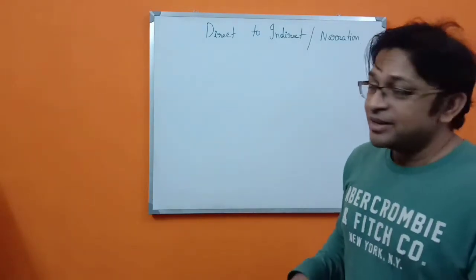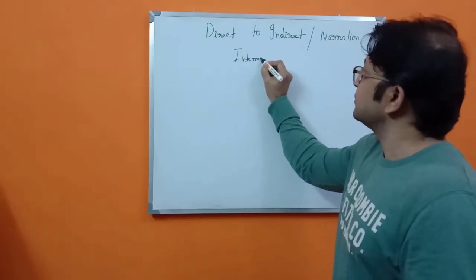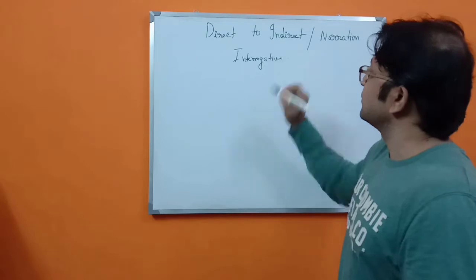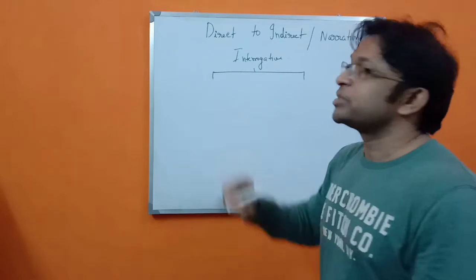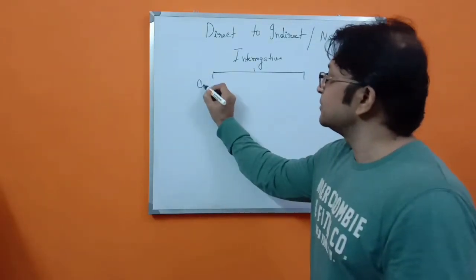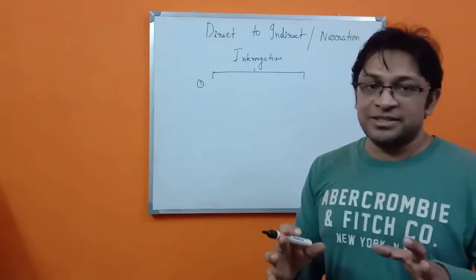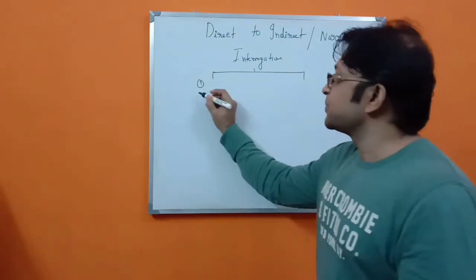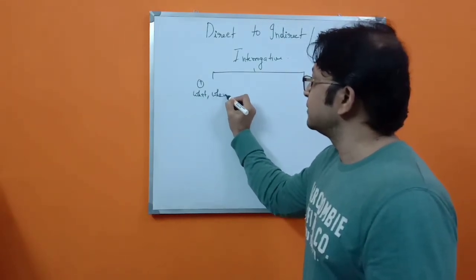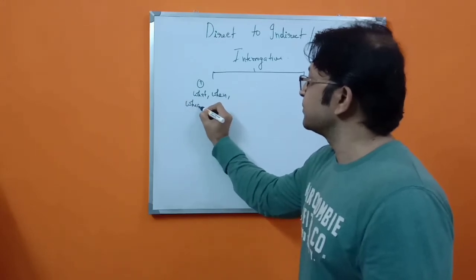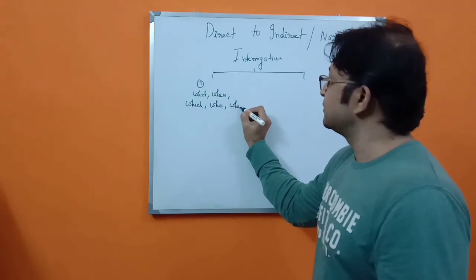So here in interrogative sentences, you have to remember one thing. It has been divided into two sections. Number one, what is it? It is when the question consists of interrogative words like what, when, which, who, where.